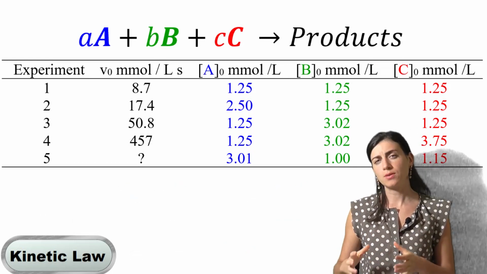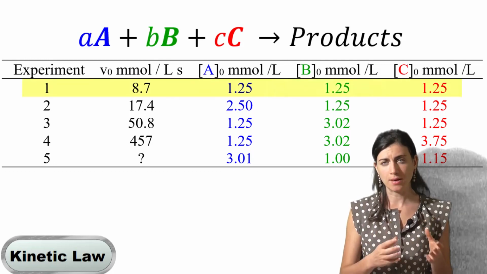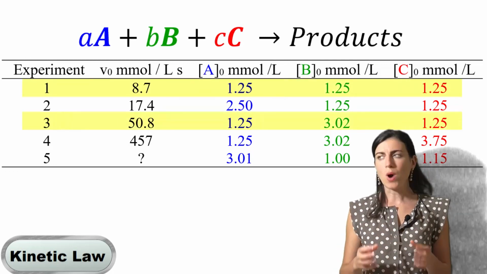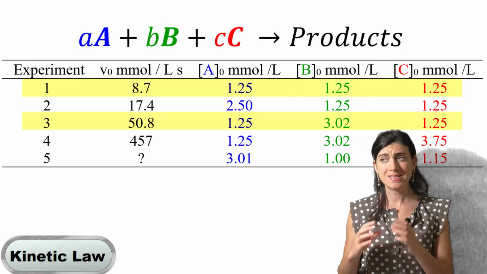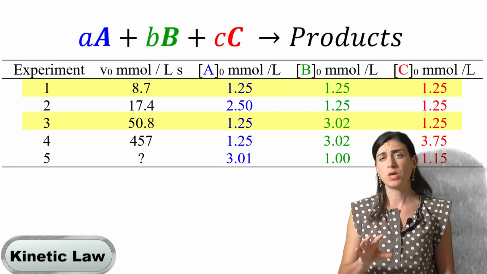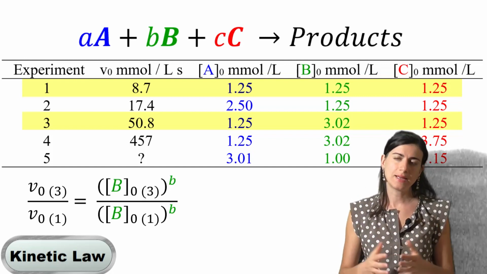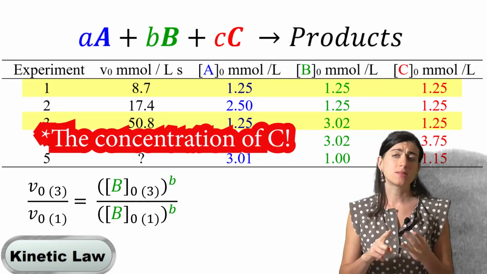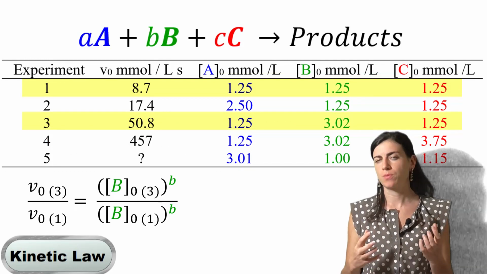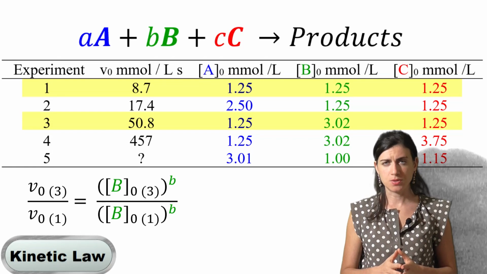Let's move to the order for species B. For this purpose, we can use experiment 1 and experiment 3, where B changes, whereas the concentrations of A and C are constant. So now the equation for the concentration of B will be this one, because we have again erased the concentrations of A and C, as well as the constant value, as we have done before. The exact same procedure. So let's put numbers in this equation.